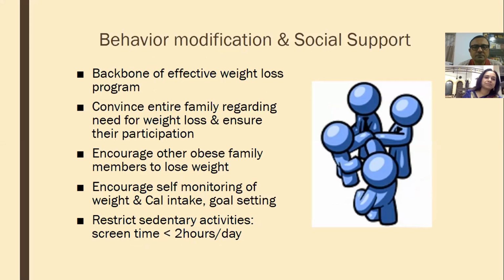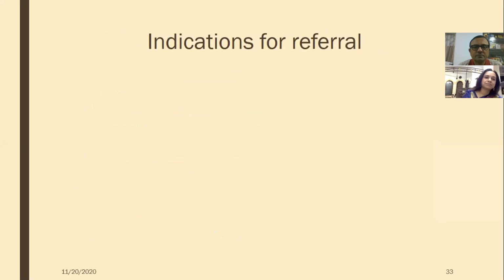One can encourage self goal setting, some promotion, and little positive reinforcement techniques. If one does this as a family, it is possible. Restrict sedentary activities and screen time to a maximum of 2 hours per day. This is very difficult in the current COVID times, but this is what one can aim for.